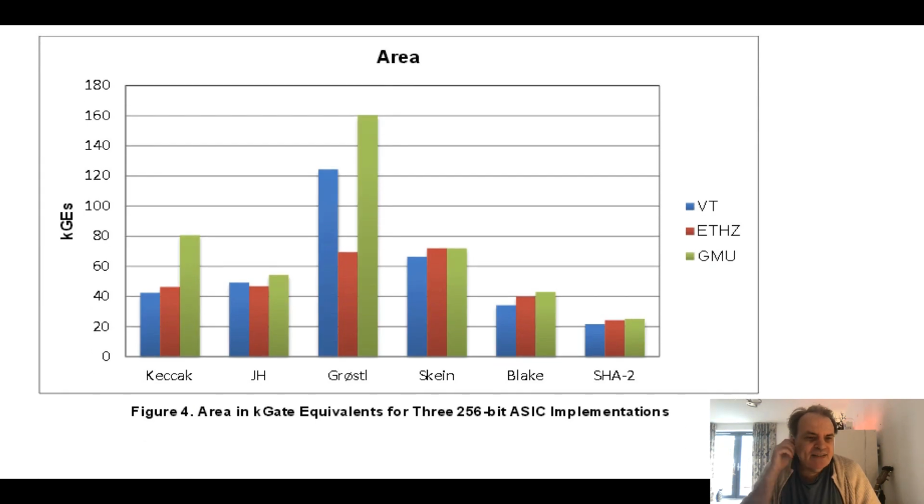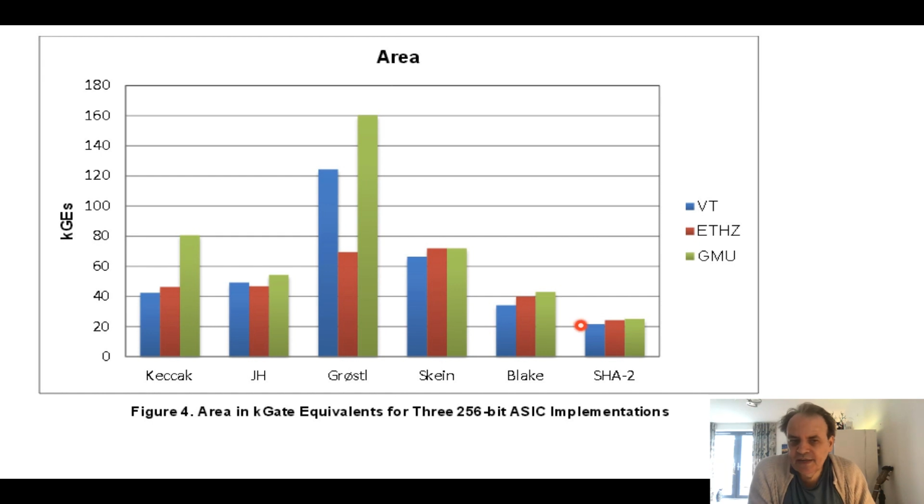Okay, so let's have a look at the assessment that NIST performed. The tests were performed within a set number of organizations, to be fair, and we can see here that in terms of the gate equivalence, that's really relating to the size of the implementation in hardware, this method did very well.